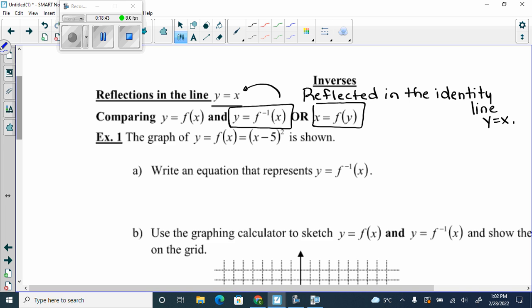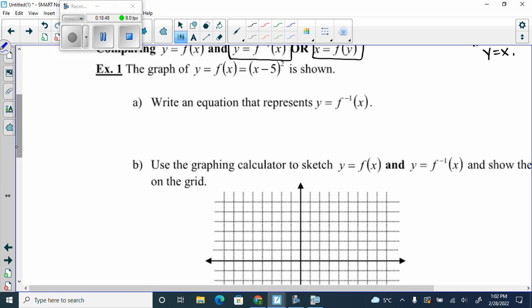So, we're going to go down to B first. I know it seems weird, but we're going to come back up to A in a second. So I want you to graph y equals (x minus 5) squared on your calculator.